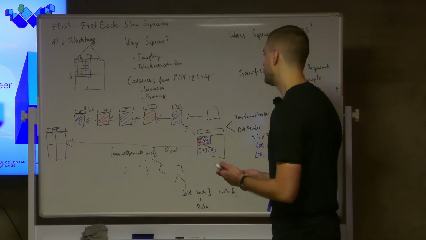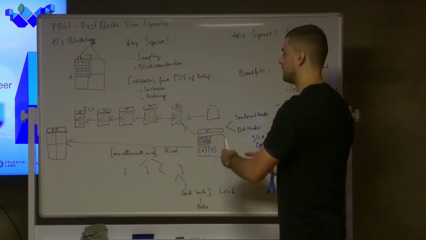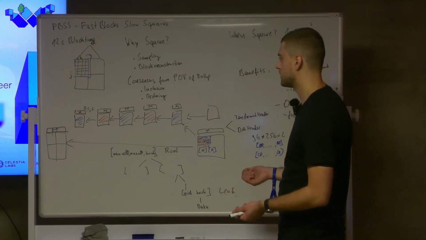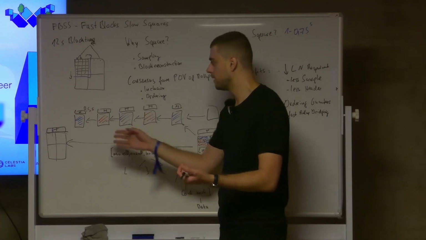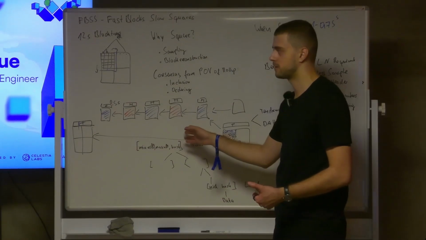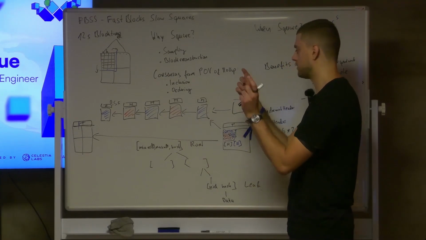If we just appended those different blocks in the square, we would break that assumption, because a rollup might post in multiple blocks, and those namespaces would not append anymore.